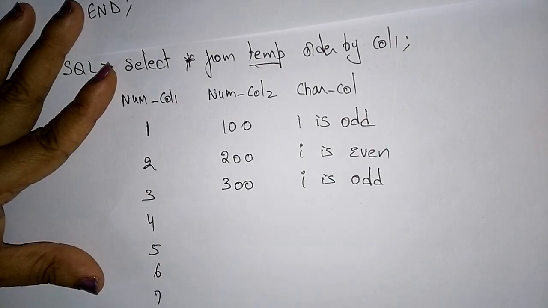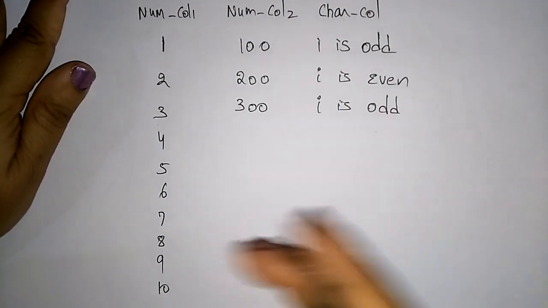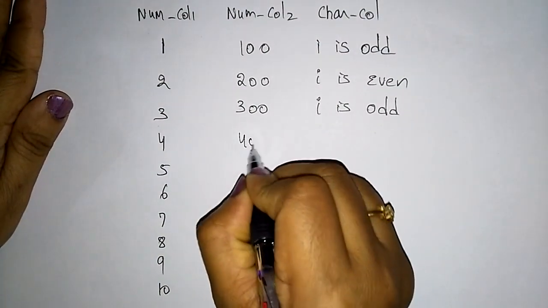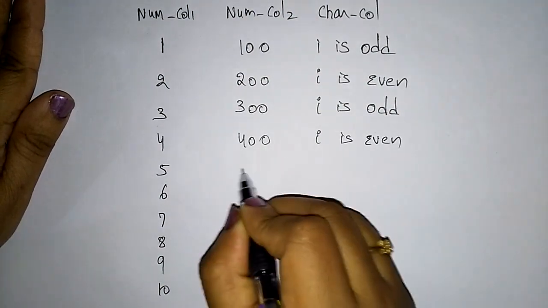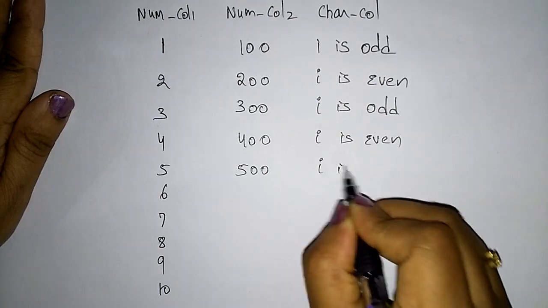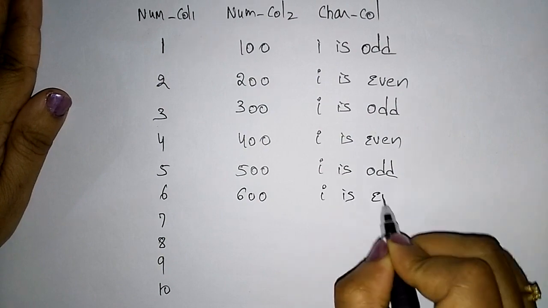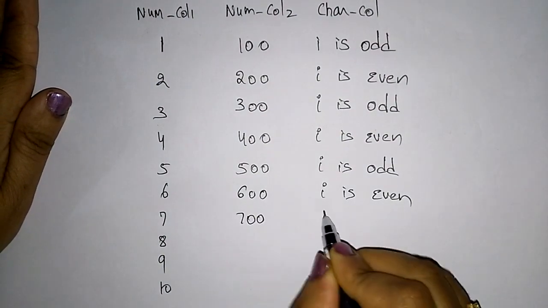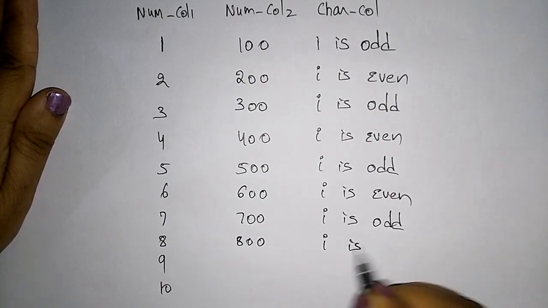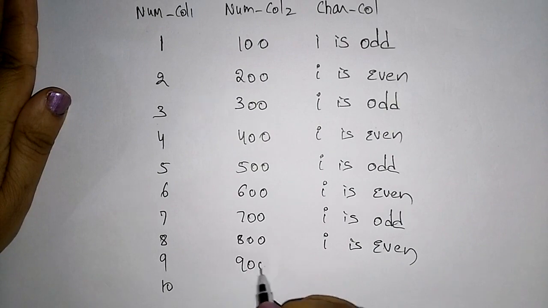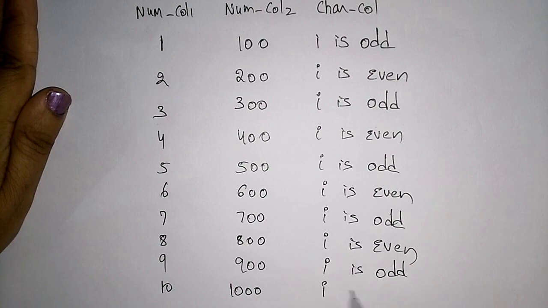6, 7, 8, 9, 10. For each iteration x is incremented by 100. 500, I is odd. 600, I is even. 700, I is odd. 800, I is even. 900, I is odd. 1000, I is even.